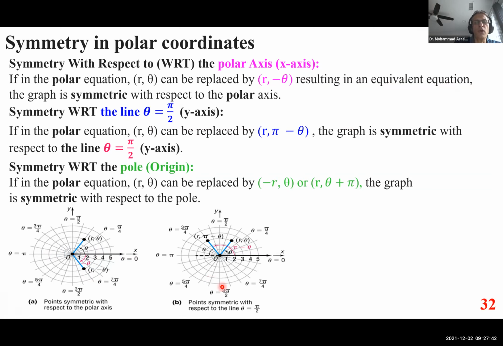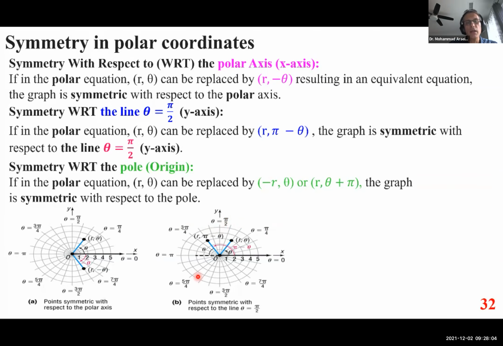Here's a second case. Remember, theta equals pi over 2 in essence is your y-axis. We don't really have a y-axis when it comes to polar coordinates. We have a vertical axis and vertical line, theta equals pi over 2. I hope you realize that a line is represented simply with an angle: theta equals pi over 4, theta equals pi over 2, and so on.